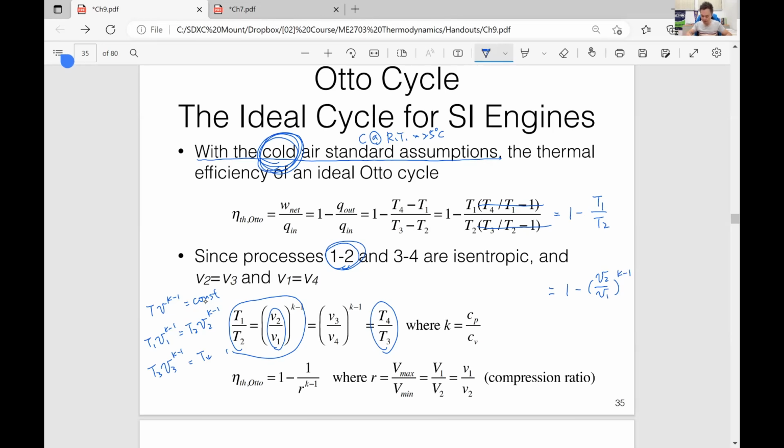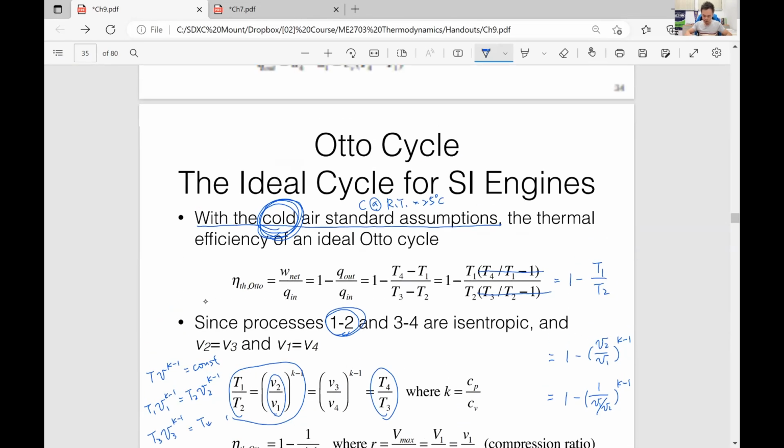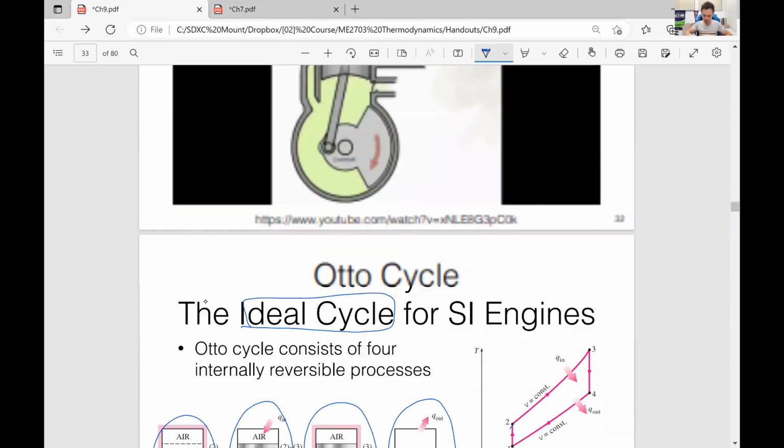If I turn this upside down, that is V1 over V2, I should write it like this: 1 minus 1 over V1 over V2 to the K minus 1. And don't forget V1 over V2, sorry, I should go back to here, the compression ratio.